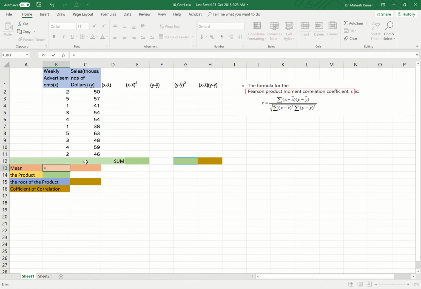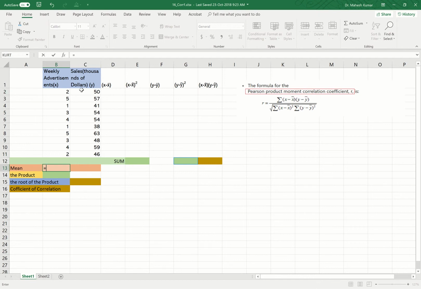Basically, we are calculating the correlation between weekly advertisements. It does not say here, but this is the number of advertisements placed during the 10 weeks, right?